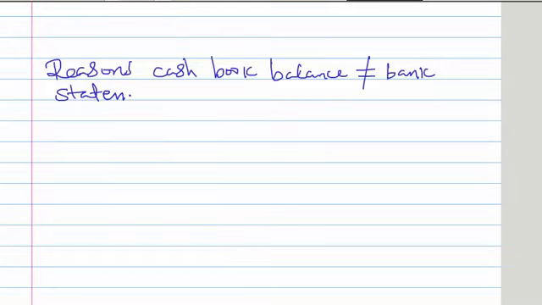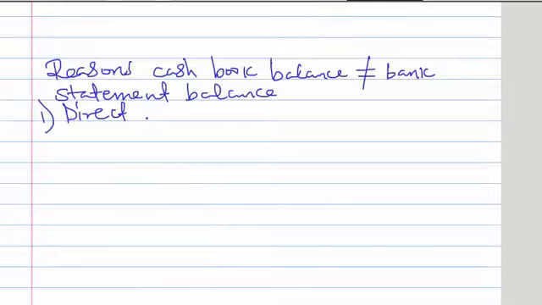Reasons: the cash book balance may not be equal to your bank statement balance. Number one, you may need to update your cash book because of what are known as direct debits and standing orders.